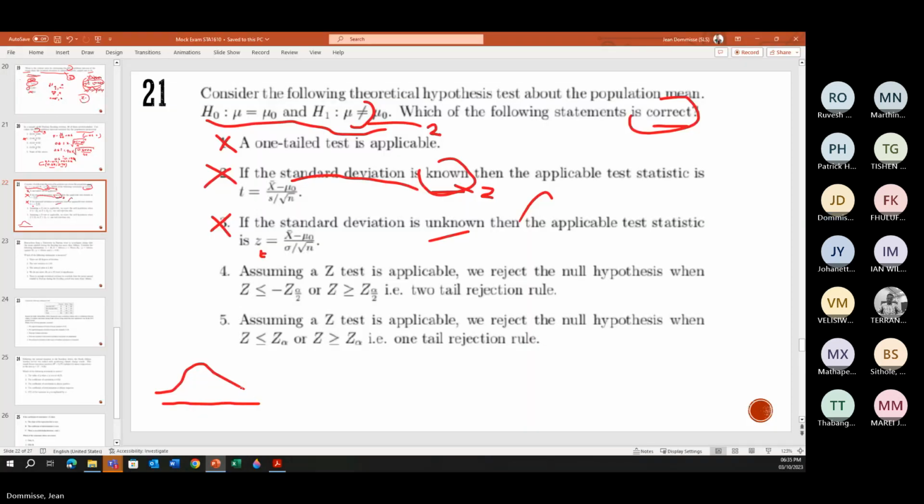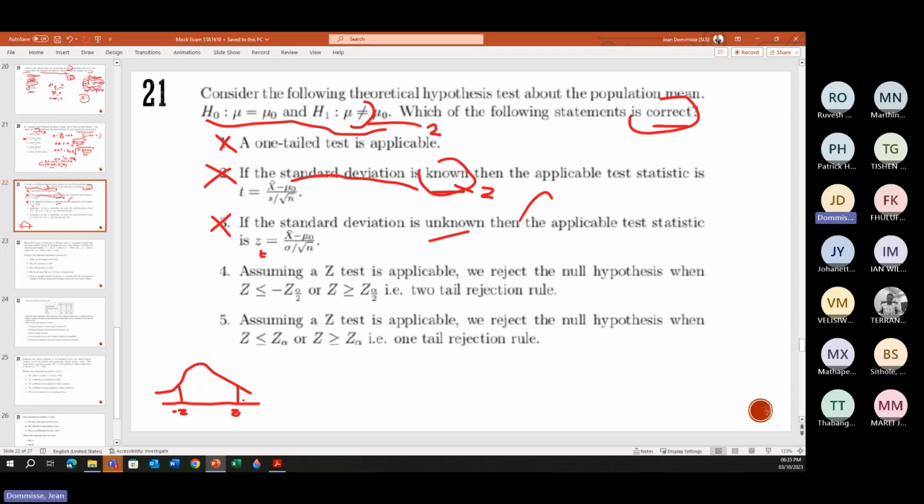Here are the Z's that we have calculated, with the population mean. So let's assume we used the Z, because they tell us we need to look at the Z. So that was minus Z, and this was positive Z.